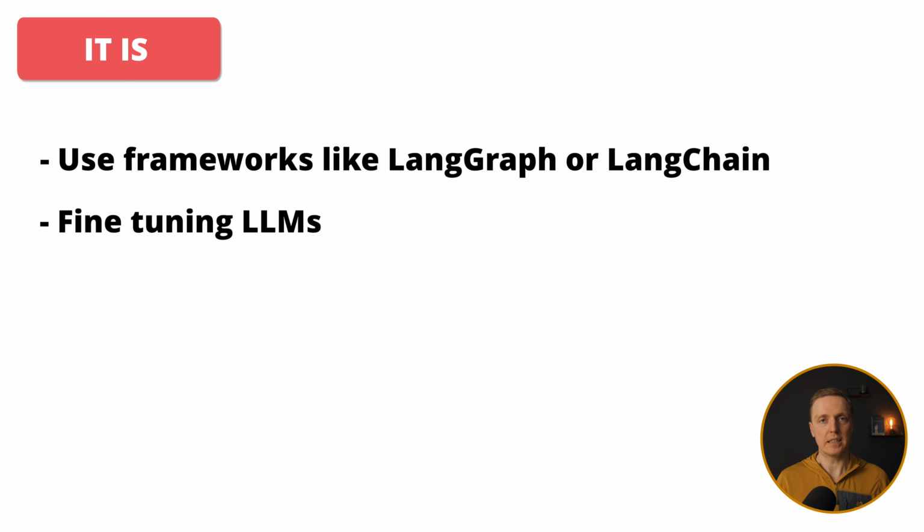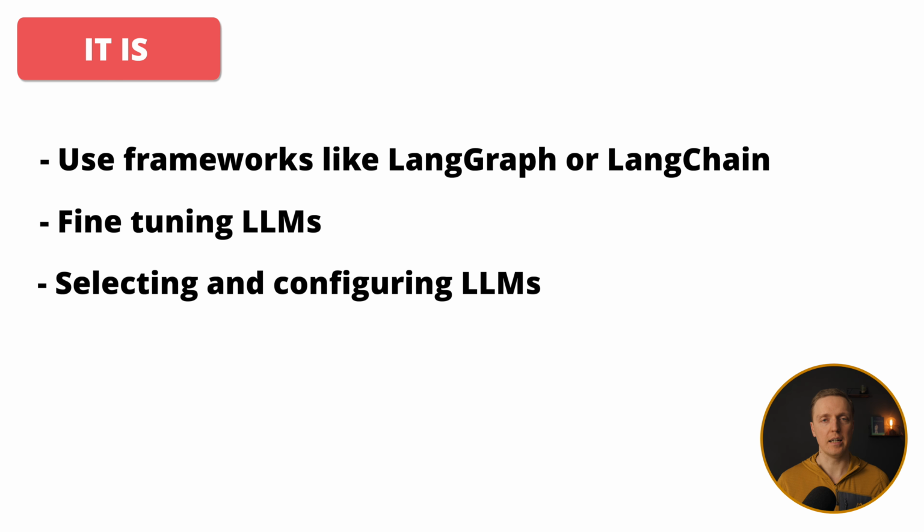We're using different existing LLMs and we're tuning them with some smaller data in order to give better results for our specific case. You also must have knowledge about selecting an LLM which fits your needs and configuring it correctly. So we can sum this up, we basically take existing LLMs and we integrate them inside projects or tools which will do something on top of them or enhance them.